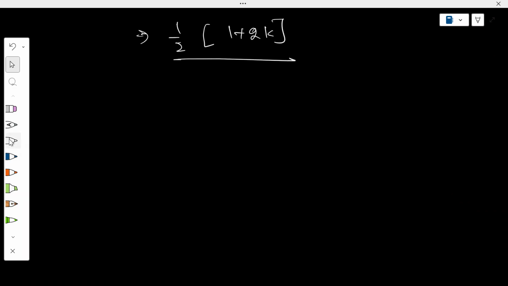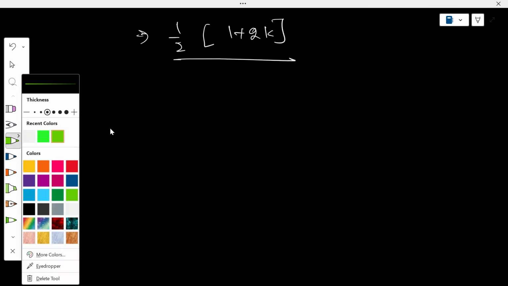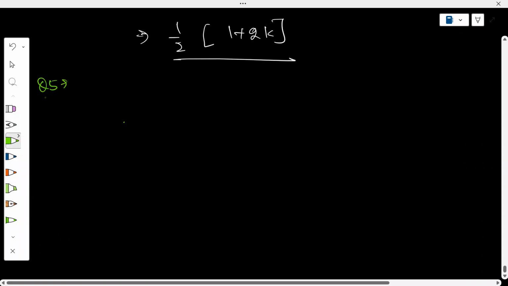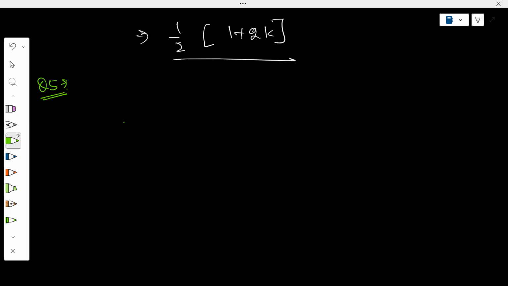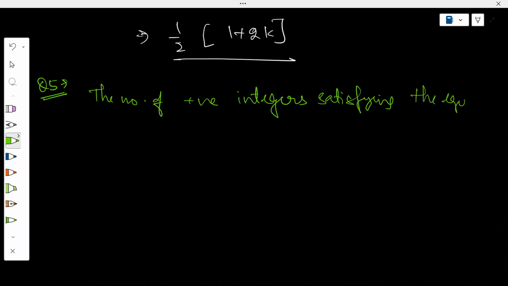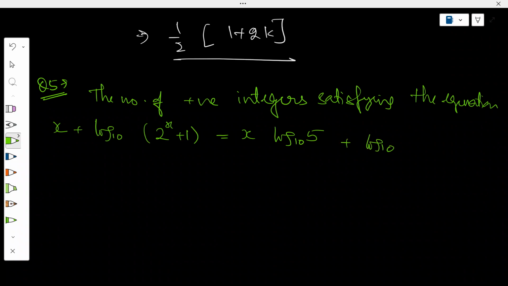So the next question in this would be question number 5, and which is question number 5, you have to find, it is given that the number of positive integers satisfying the equation x plus log base 10 of 2 to the power x plus 1 is equals to x times log base 10 of 5 plus log base 10 of 6.